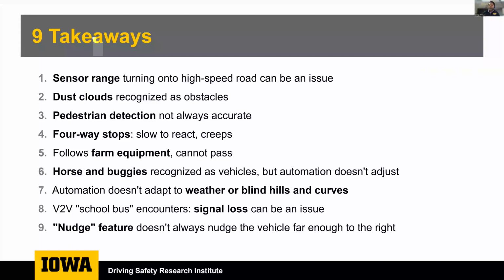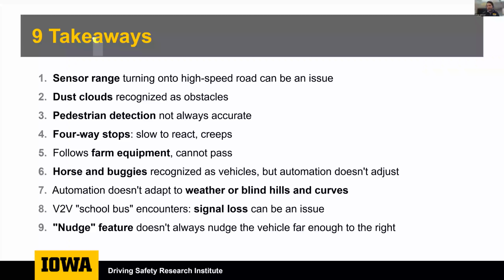So in this webinar, we've given you nine examples of lessons learned and things that we've seen when we did our testing on rural roadways in Iowa.